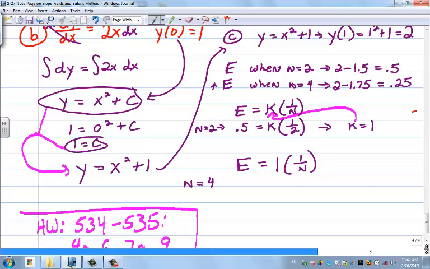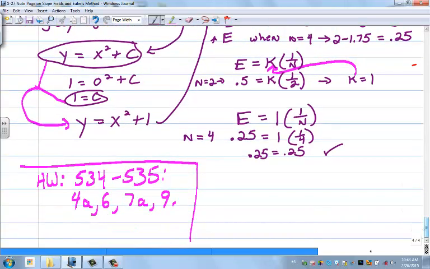The error is 0.25. So I say 0.25 is equal to 1, which was our constant of proportionality, times 1/4. And I get 0.25 equals 0.25. And sure enough, it does work. K is 1 for both. So yes, the error formula does work. The error is proportional to 1 over the number of steps, and we've shown that for this problem.